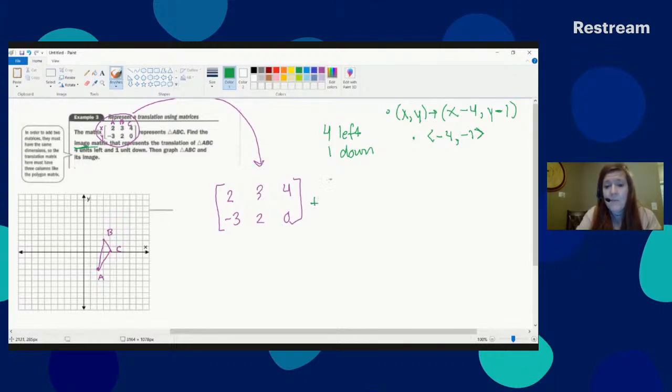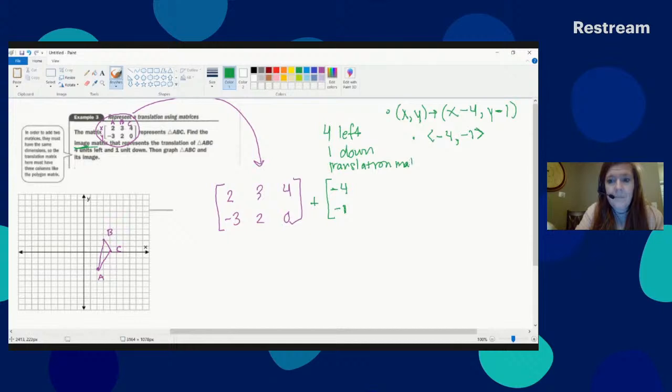Well, if we're talking about a matrix and it's going 4 to the left, remember, our first row represents our X. So it's going negative 4 to the left, and it's going negative 1 down, right? Because each column represents an X and a Y. So this is our translation matrix, okay?